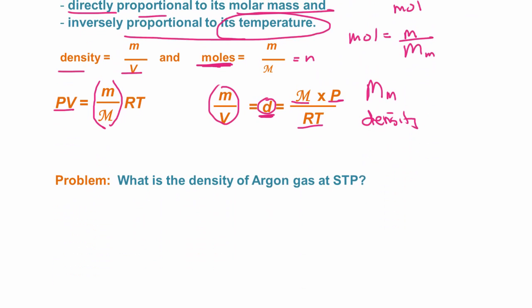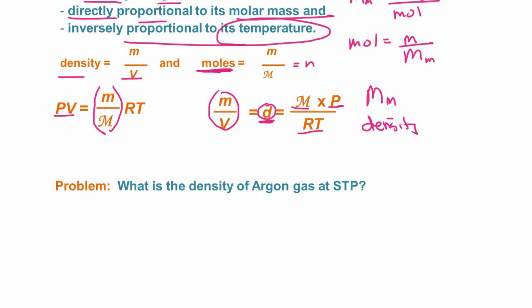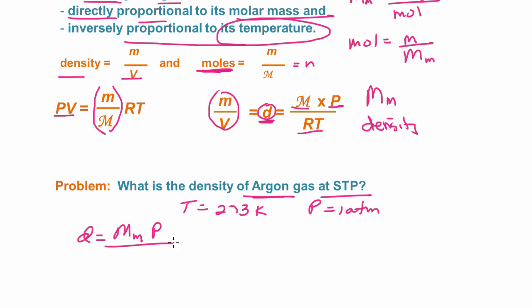Okay? So here I'm being asked, what is the density of argon gas at standard temperature and pressure? So we know the temperature is 273 Kelvin and pressure is 1 atmosphere. So argon gas, I rearrange my gas law. I have the molar mass times the pressure over RT.